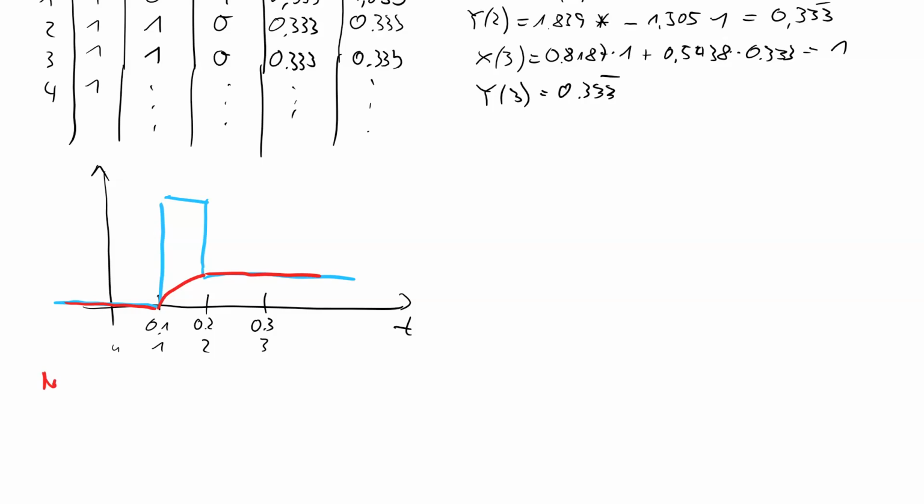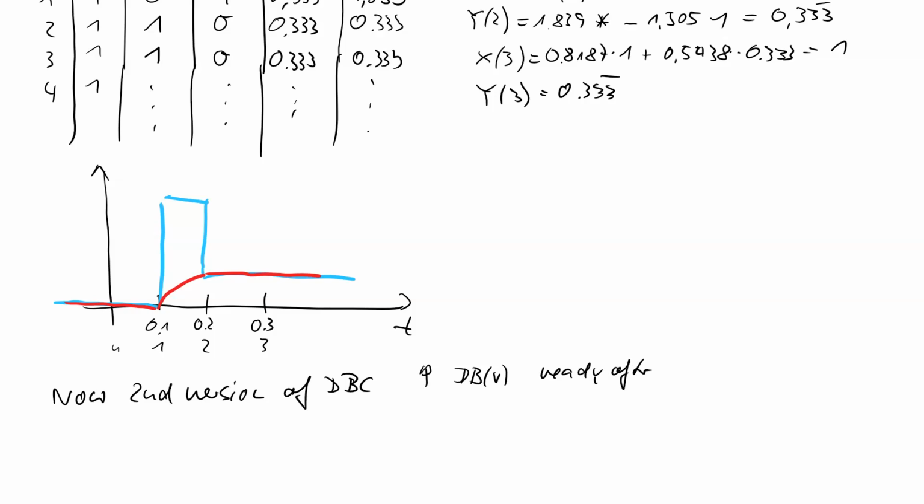Now some words about a second version of the deadbeat controller. This version is called deadbeat with an index, say nu, which means ready after nu steps if nu is the process degree.